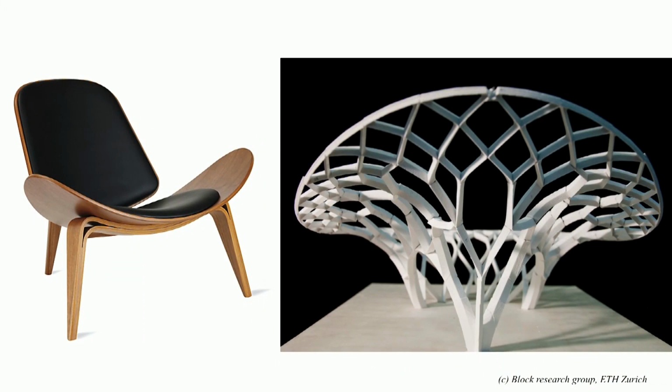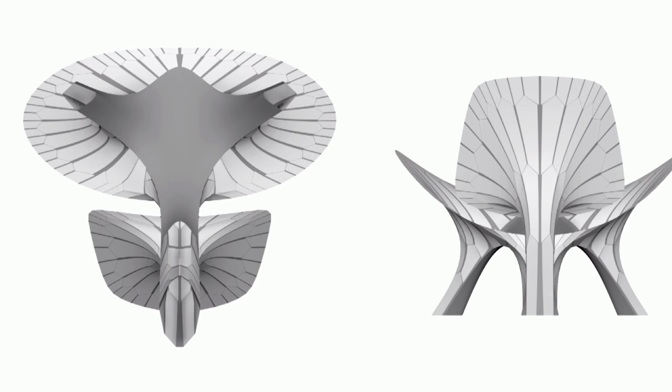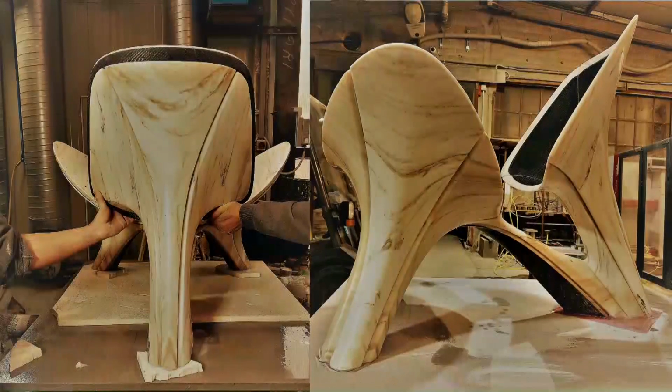We're trying to combine some of the furniture ideas from Wagner with the structural ideas from the Block Research Group, and also craftsmanship in Italy and Switzerland to produce some of these shapes. So it's digital, but it's also handicraft, or traditional craft, and also CNC milling. Digital fabrication doesn't necessarily, or usually always, mean there's a whole lot more manual work.